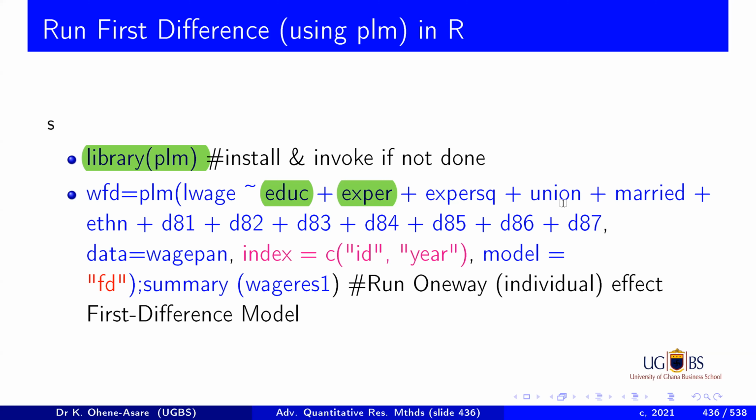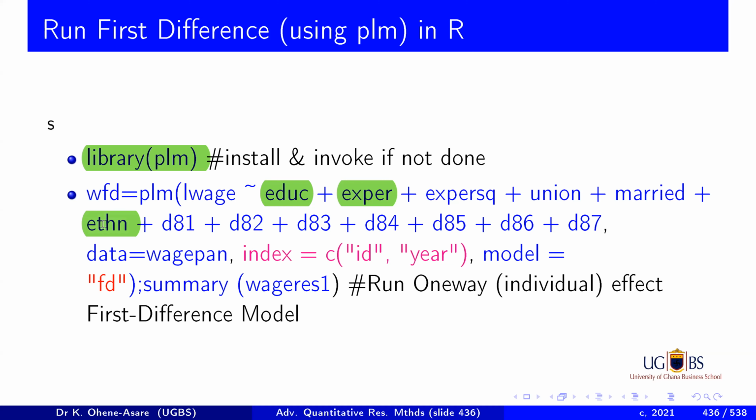R is going to do something interesting here. We indicated that union is changing. Marriage is changing. Ethnicity is fixed. So watch, ethnicity. We have included it all.